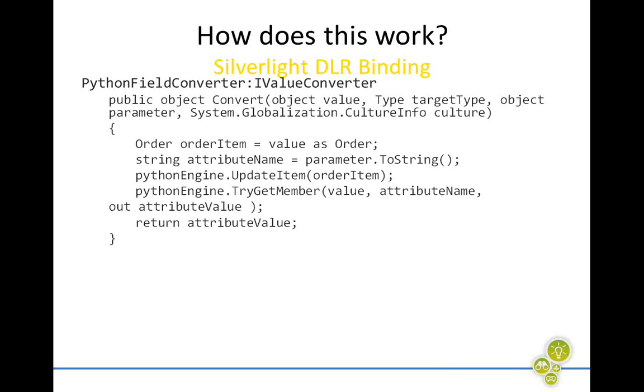The value converter basically takes the name of the attribute, goes to the Python engine class and says, can you get me the value of this attribute from the order object? So all the dynamic values can only be written through the Python API and can only be fetched back for binding with the Silverlight column through the Python engine. So that is where the hosting infrastructure comes in here.